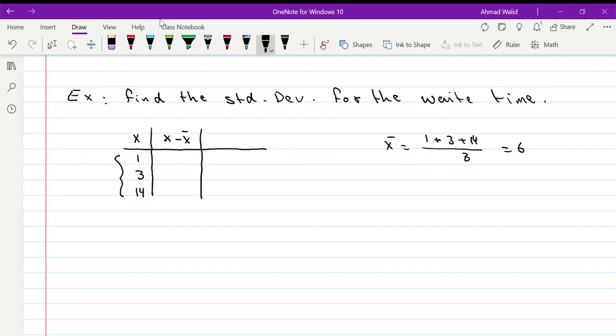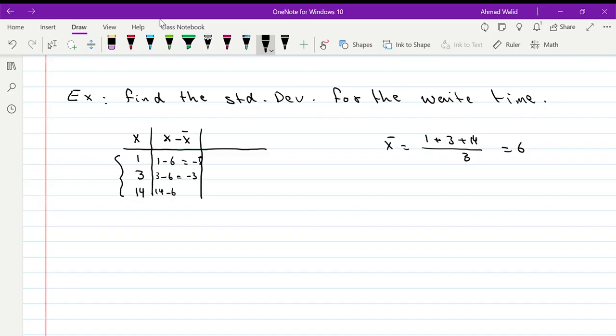Correct? Now, to create the second column, the first one will be 1 minus 6, which gives you negative 5. The second one will be 3 minus 6, which gives you negative 3. The third one will be 14 minus 6, which gives you positive 8.